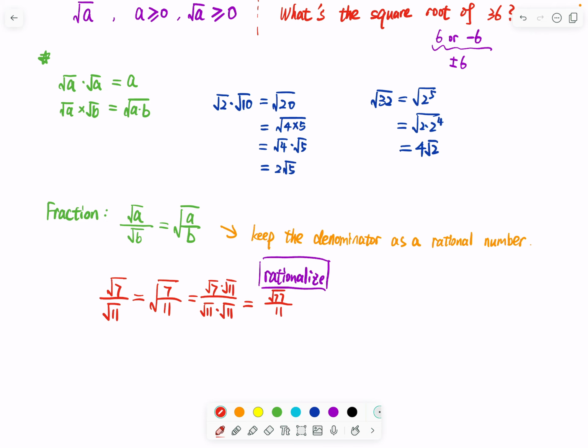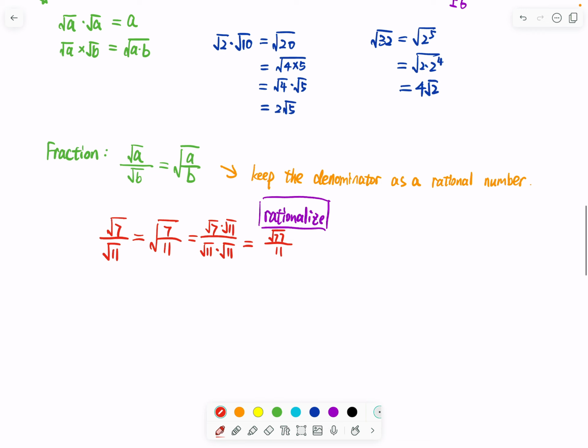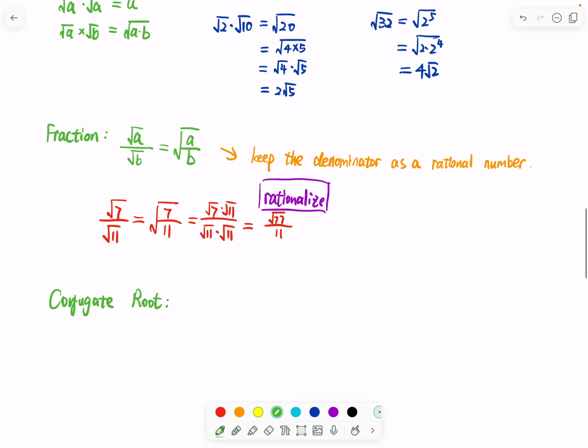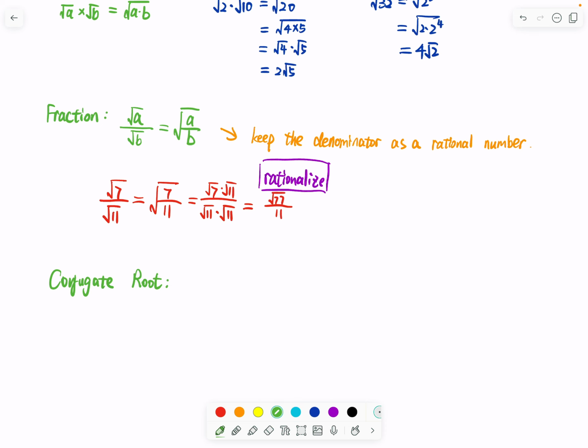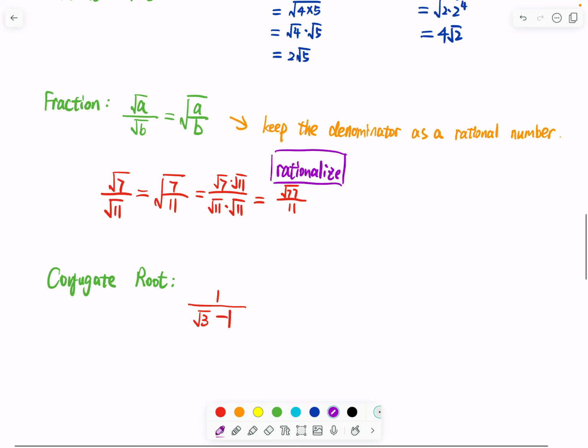So this is the first thing. And when you do the calculation, we have another very important thing: the conjugate root. This is another way we can simplify. For example, I will show you 1 over root 3 minus 1. How can I make the denominator a rational number?